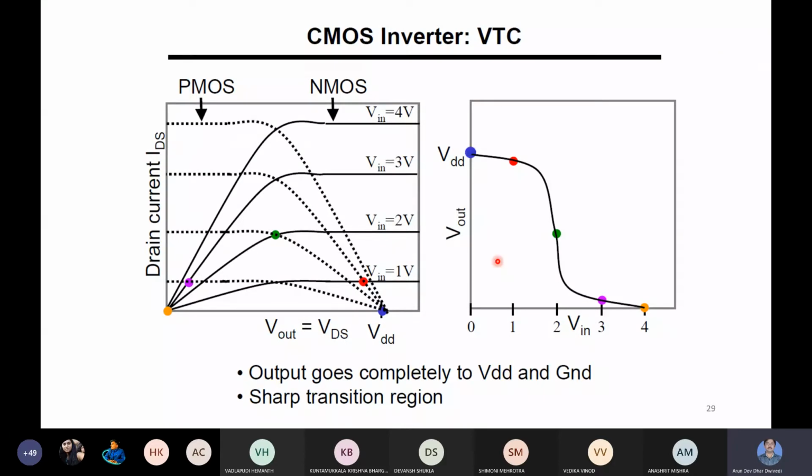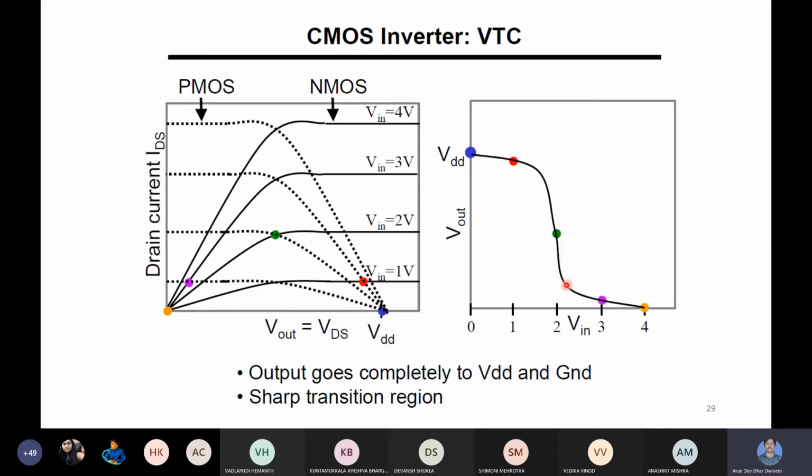We also define two other terms, at points where the slope is negative. The first point in the VTC plot is where you first get the slope of negative unity, and another point is here somewhere where the slope is also negative. That is, differentiating the output voltage with respect to the input voltage, dVout by dVin is equal to -1 here, and also here. From the first point, if you draw a perpendicular to the x-axis, wherever it touches is considered VIL, input low voltage.